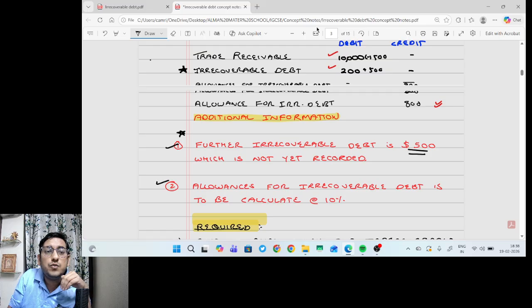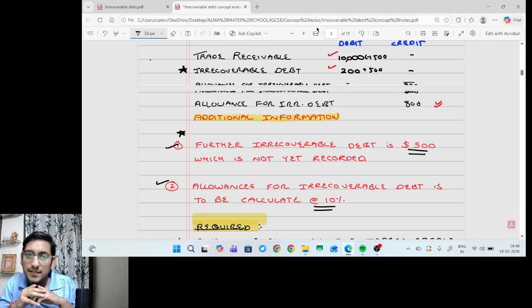And point number 2, allowances for irrecoverable debt is to be calculated at 10%. Now, students, please understand. Allowances for irrecoverable debt is an estimated account. It keeps on changing every year. This is an accounting estimate. Last year I thought that 800 may be the loss, but in the current year I am calculating at the rate of 10%.